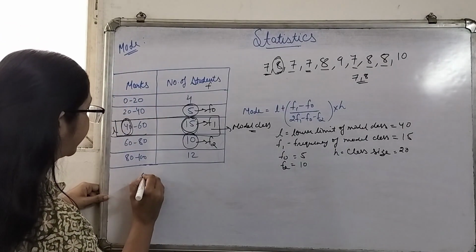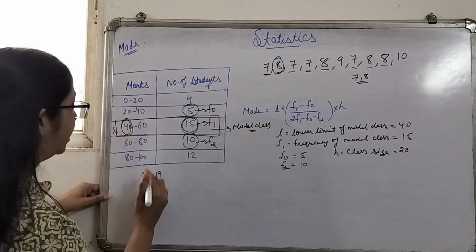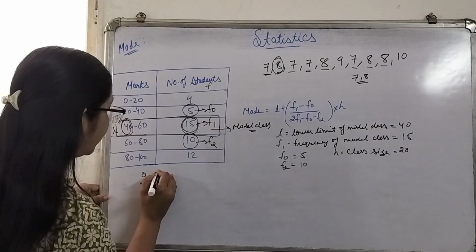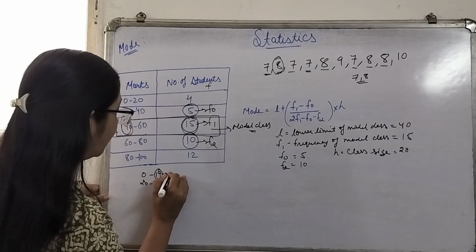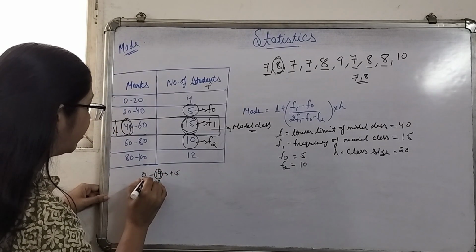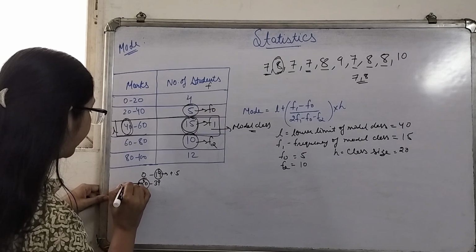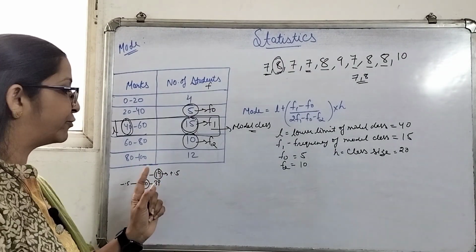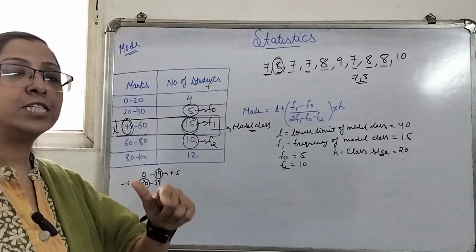In that case, suppose the classes are 0 to 19 and 20 to 39. We will add 0.5 on one side and subtract 0.5 on the other, because the difference between 19 and 20 is 1, and half of 1 is 0.5.